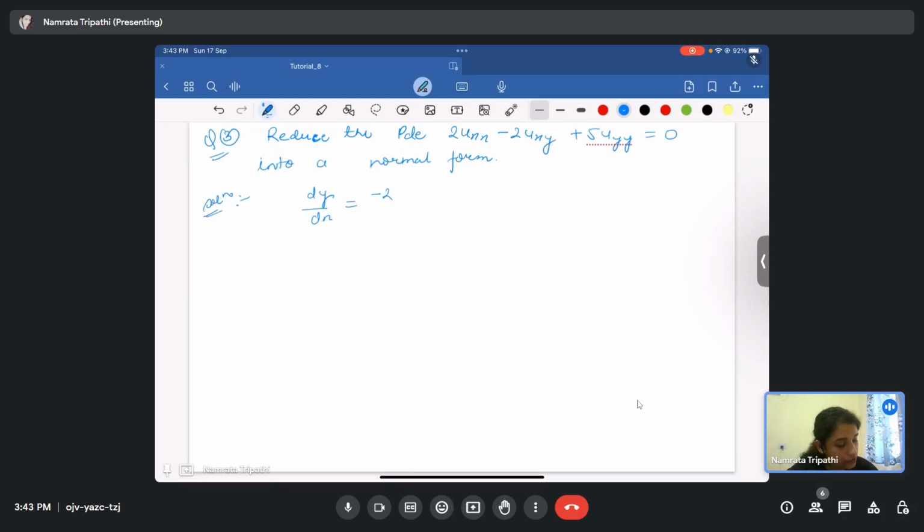dy by dx is equal to b plus under root b square minus 4ac. What is b square? Okay, let me write the expression first. First of all, calculate delta, b square minus 4ac, which is less than 0. That means the equation is elliptic.